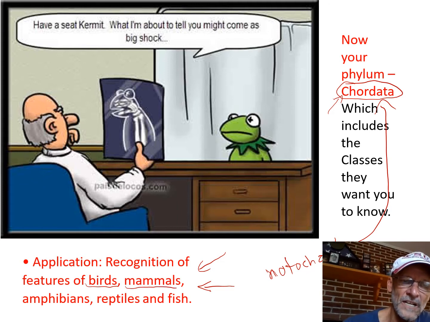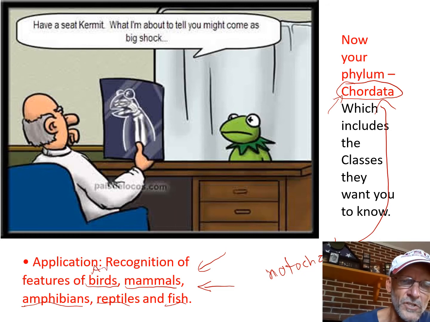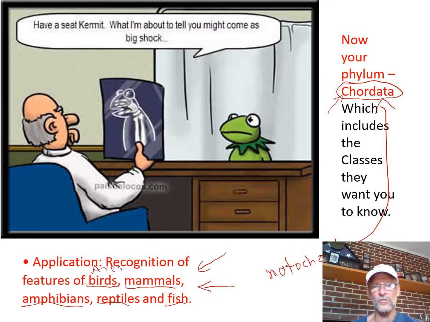Mammalia is their class name, Amphibia is their class name, Reptilia is their class name, but the fish come in 2 classes, Osteichthyes, the bony fish, and Chondrichthyes, the cartilaginous fish like sharks. They didn't put those names in here. They also didn't put Aves in here, which is the bird name. I'm not sure why. They stuck with the common name of birds and then fish.